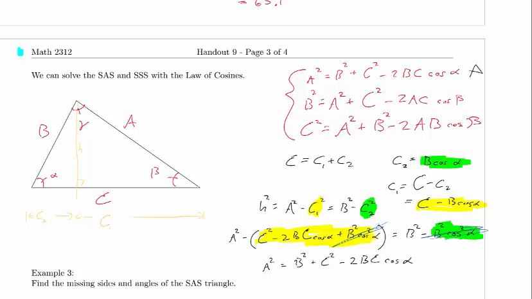Same as we have up here. And you can prove the other two by similar methods, but we'll just stop right there because that is enough for what we are attempting to do.